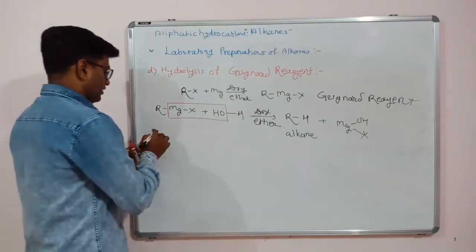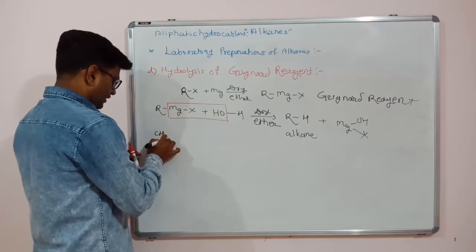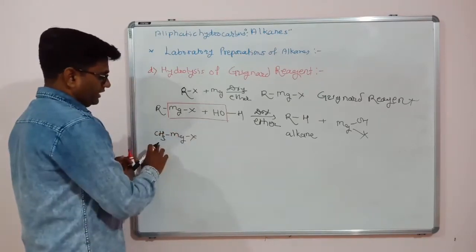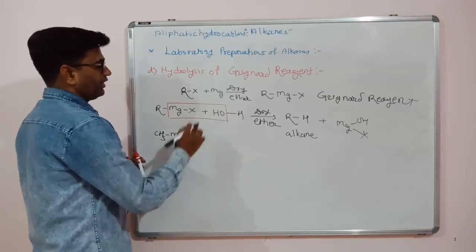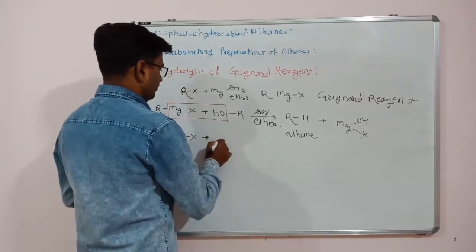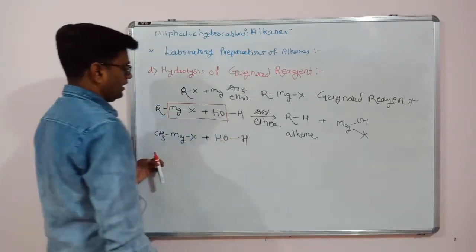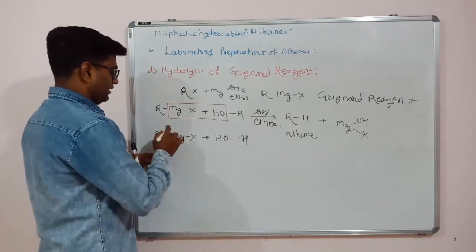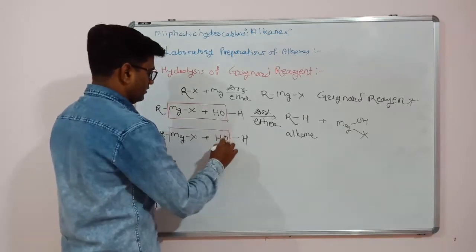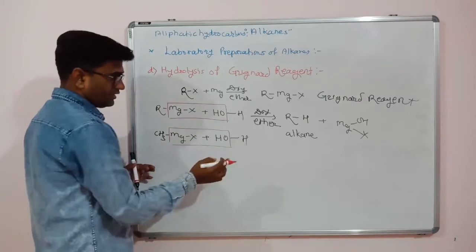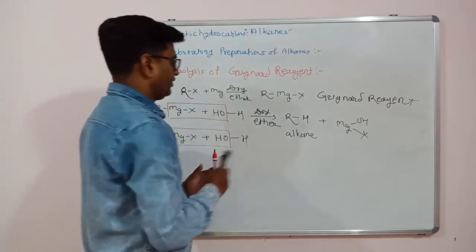For example, CH3MgX, methyl magnesium bromide. If we react with water, then what will happen? This will get hydrolyzed and we will get CH3-H. CH3-H means methane.